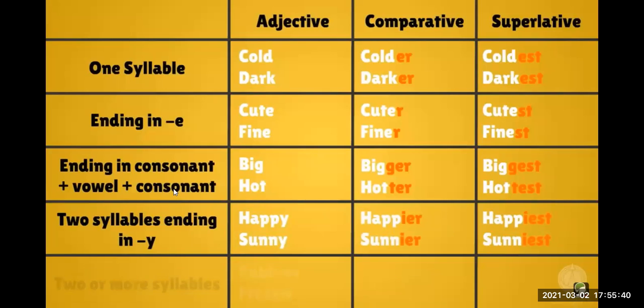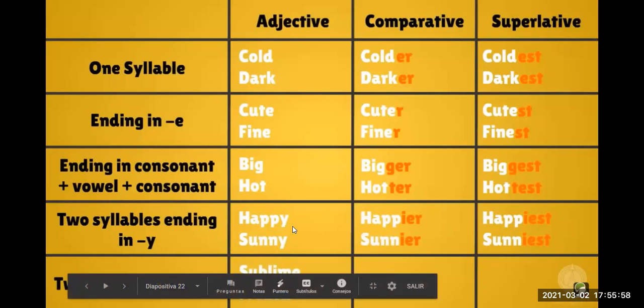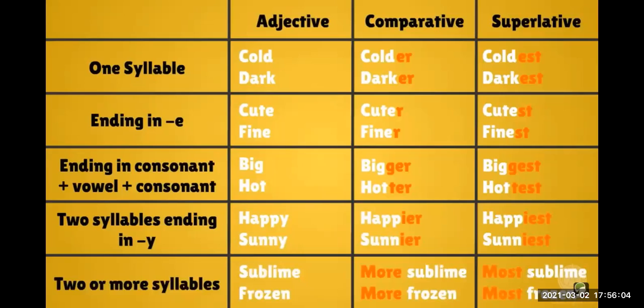Okay, and then we have the last rule. When we have an adjective with two or more syllables, what do we do? With the comparative, we add more, and for the superlative we add most. Yes, very good. So we can say more sublime or most sublime, more frozen or most frozen.